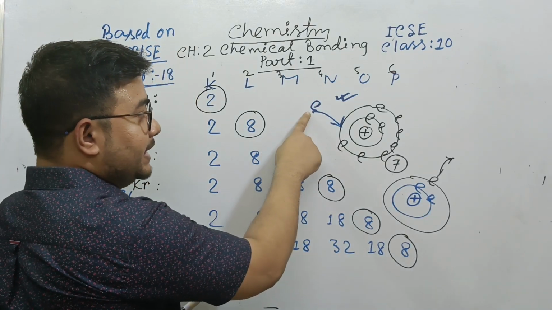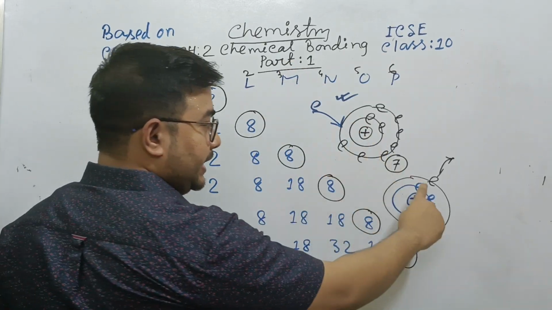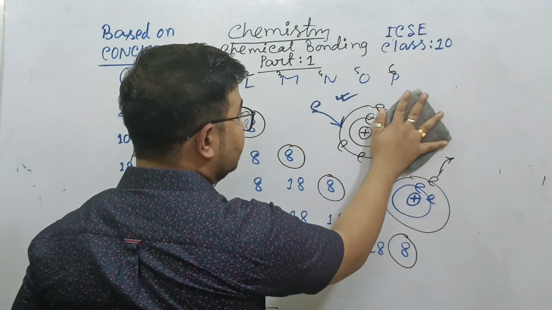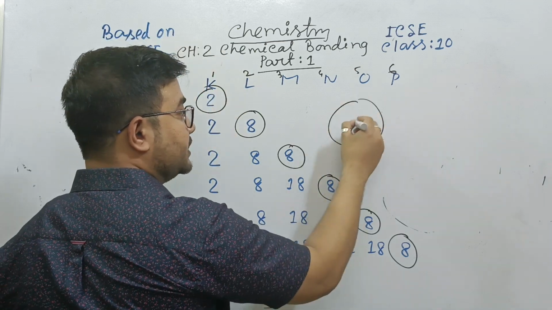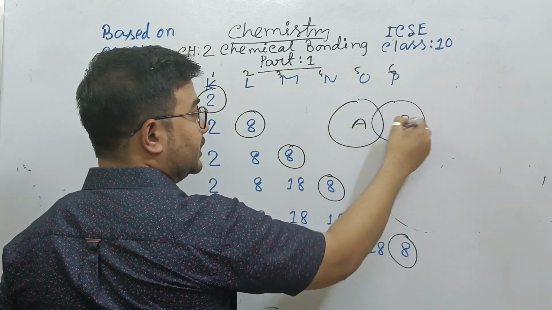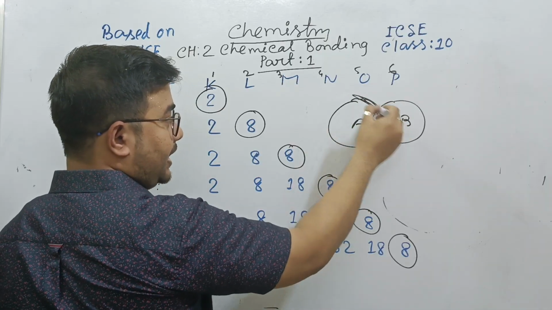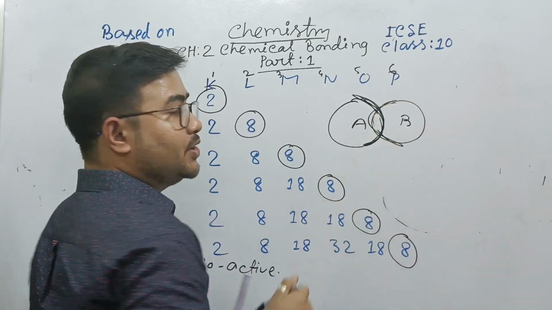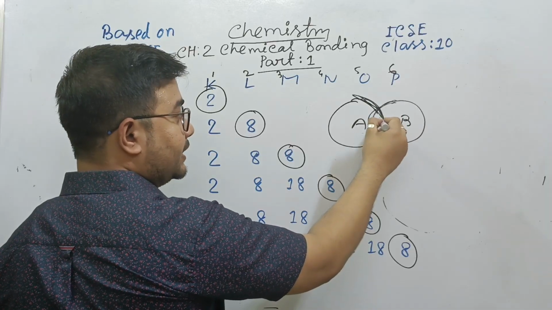See, this atom completely accepts and this atom completely donates, but share means this. Suppose it is atom A, this is atom B. This area is under atom A, and this area under B. So this middle portion is the common portion. Both atoms donate the electron here.